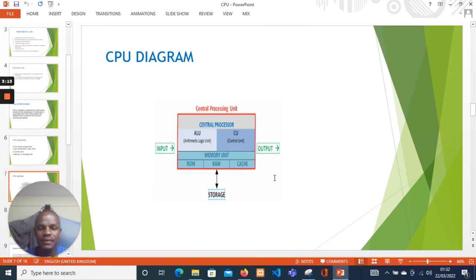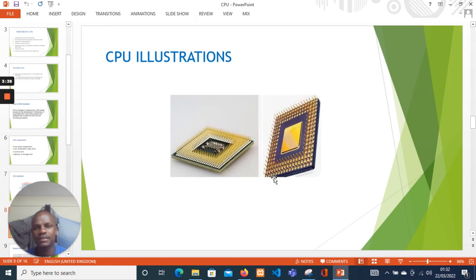The memory unit is categorized into three. The first one is the ROM, that one is the read-only memory. We have the RAM, the random access memory, then we have the cache. As you can see, on the left side we have the input, then on the right side we have the output, and then downwards we have the storage.